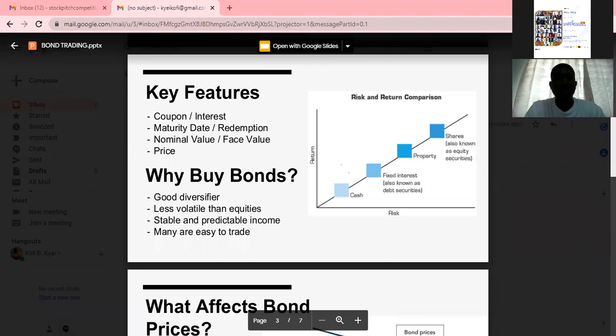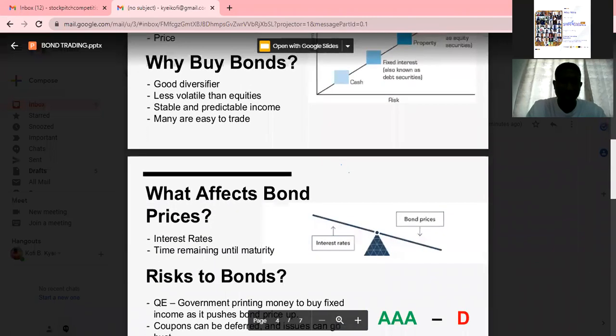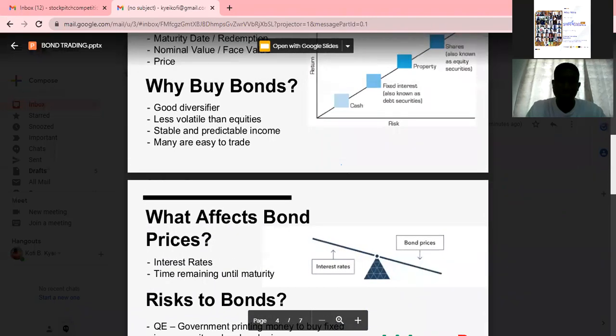So looking at the table on the right, you still ask yourself, why should you buy bonds? Okay, I've tabled down 4 points. So the first point is that a bond is a good diversifier. We are always told that you have to diversify your portfolio just to hedge against losses and all that.